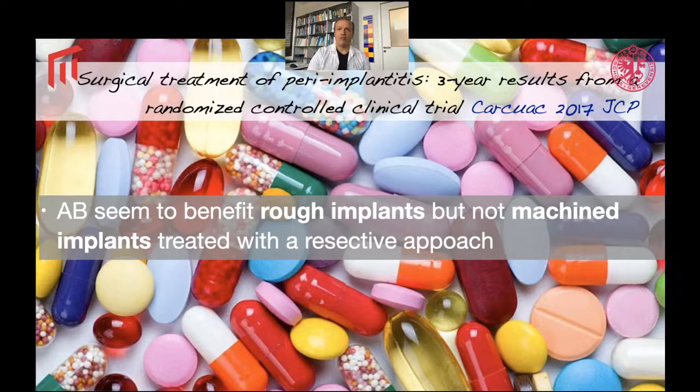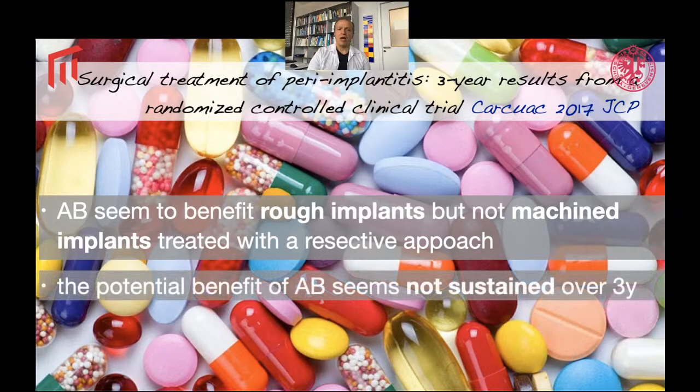So when you do a resective approach and have old-fashioned low-tech implants, antibiotics seem not to be necessary. In this study, they also reported that over the long term, the added benefit of antibiotics seems not to be sustained, meaning for the rough implants it seems not to be sustained over 3 years.